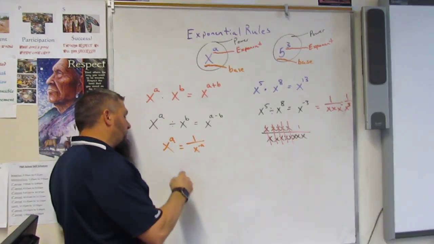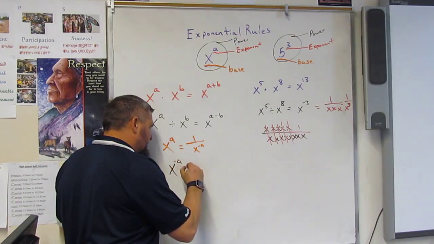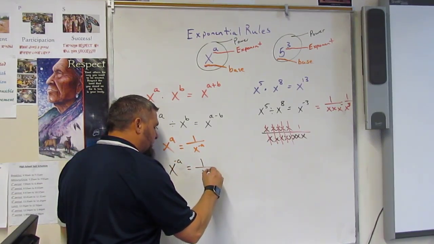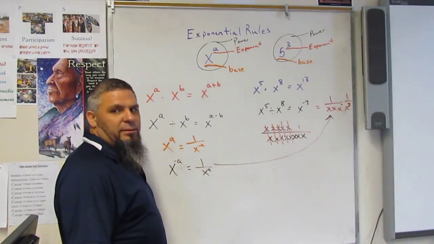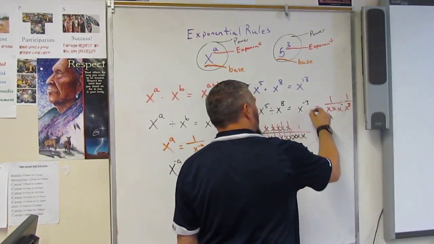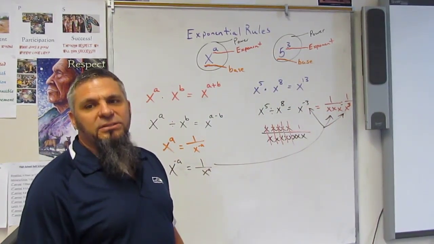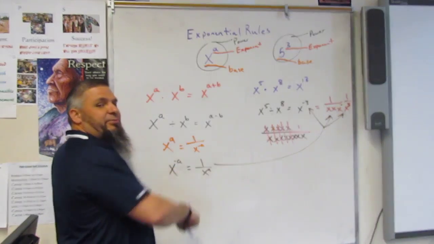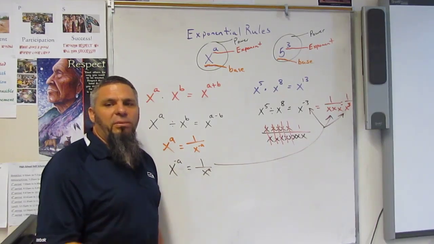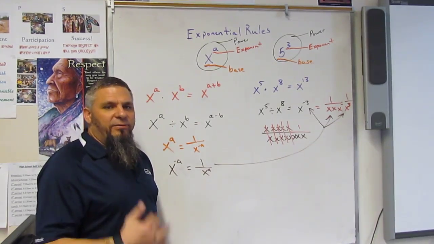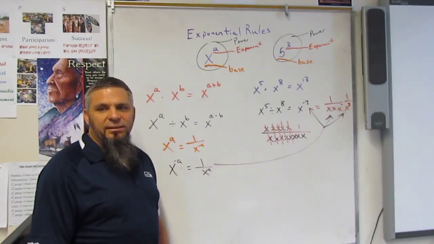And vice versa. x to the negative a is equal to 1 over x to the a. That's all we're saying right there. Is that x to the negative 3 is equal to 1 over x to the 3. That's all that says right there. It's very complicated, but that's all it's saying. If it's negative, put it down below and make it positive. That's it. If it's down below and it's negative, put it up above and make it positive. That's it.